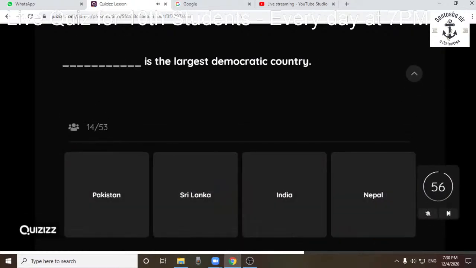Dash is the largest democratic country. This should be a real easy question. Which is the largest democratic country among the given options?